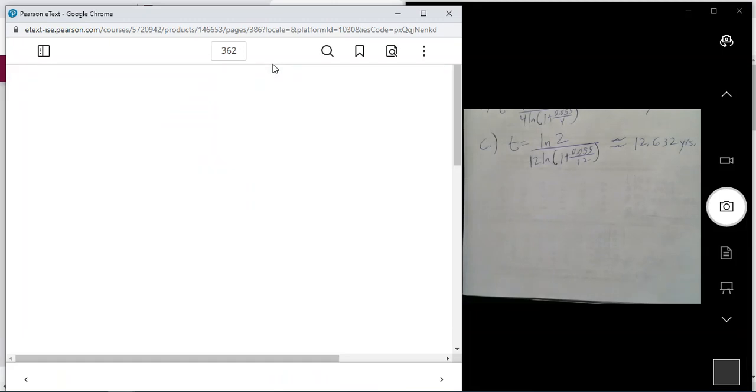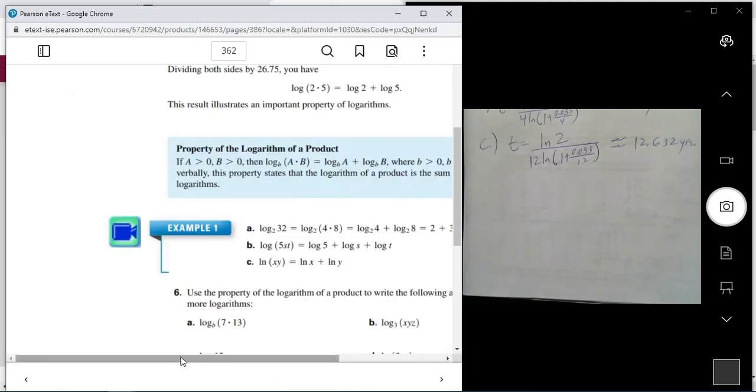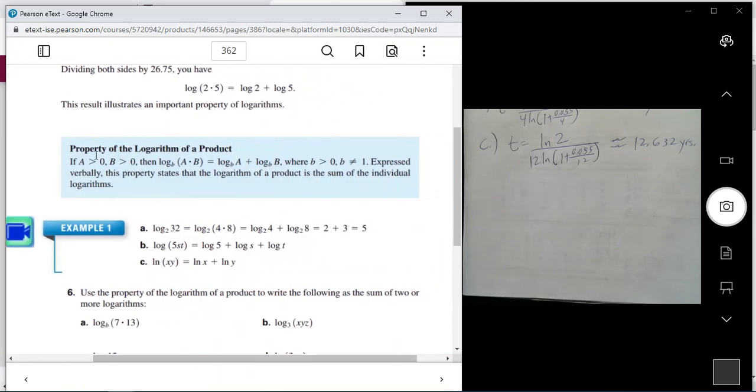On page 362, if you look at this blue box, it says property of the logarithm of a product. It shows you what will happen if you have log base b of a times b. You can see here it becomes addition with both of them having a log with the same base. And then it also works in reverse. You have logs with the same base and they're added. You can combine it into 1 log with the same base and multiply these two values.